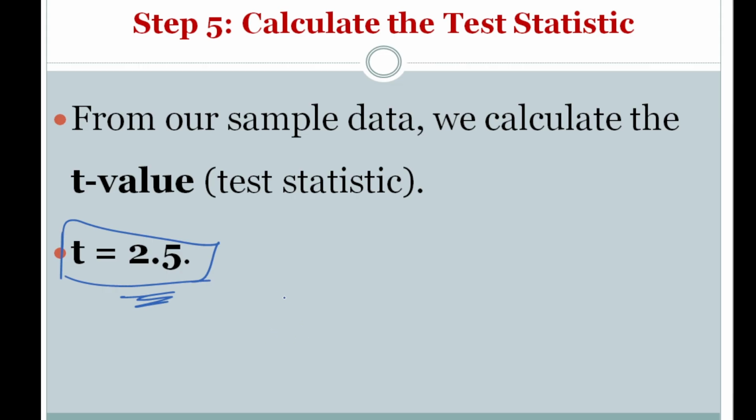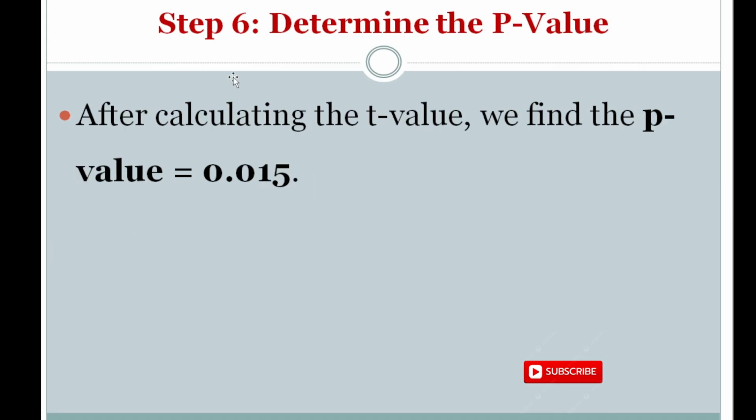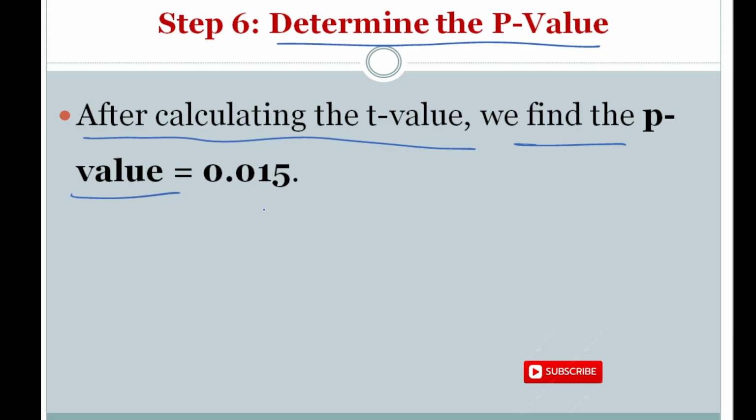Now on the basis of this t-value, we will find out the p-value in the next step. Coming towards step 6, find out the p-value. So after calculating the t-value, we will find the p-value, and in this case, for example, it is 0.015.